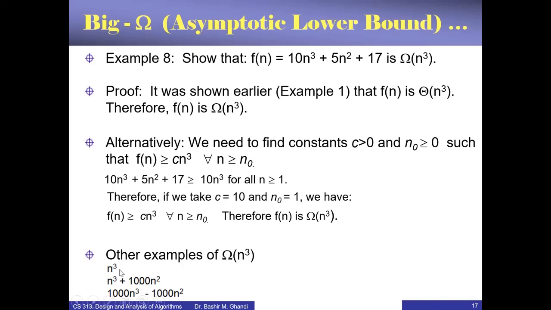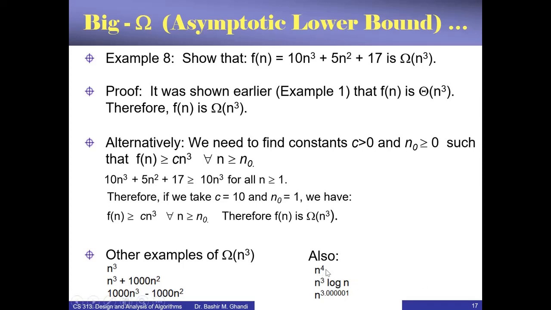Any function for which we have n cubed as the highest term, to find the big omega, again, you just need to ignore the other terms and the coefficient of the n cubed. Alright, so there's no surprise here. What is surprising is here, that these functions are also big omega of n cubed.